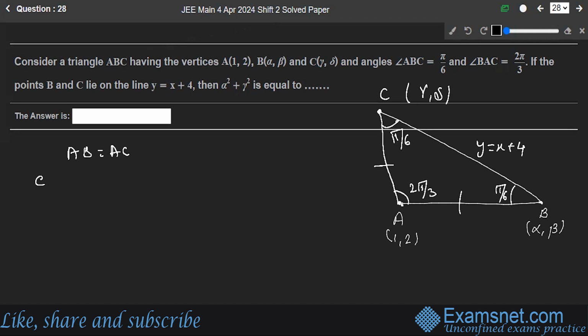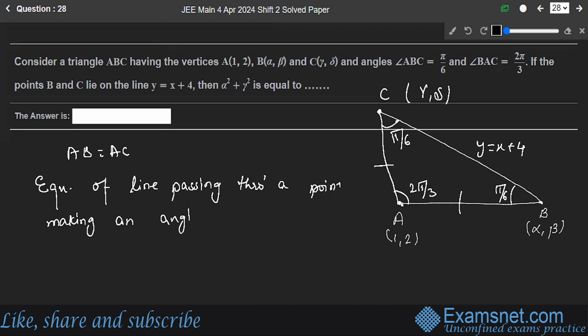Now, we have an interesting formula with us, the equation of a line passing through a point, making an angle theta with the equation of another line.